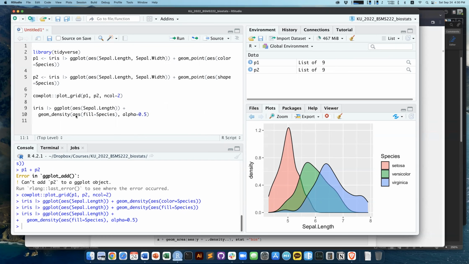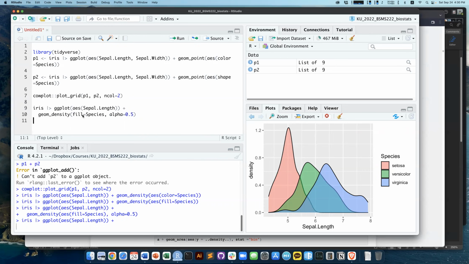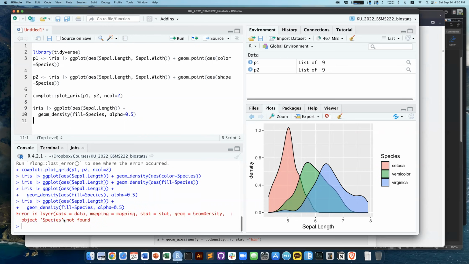So what is the difference between the parameters within aesthetics or without aesthetics, right? How about using it here without aesthetics? ggplot gives you an error, species not found. The reason is that aesthetics is the one you get information from the data frame, right?